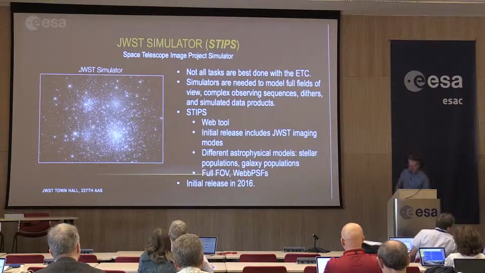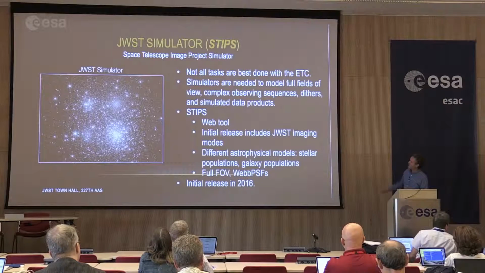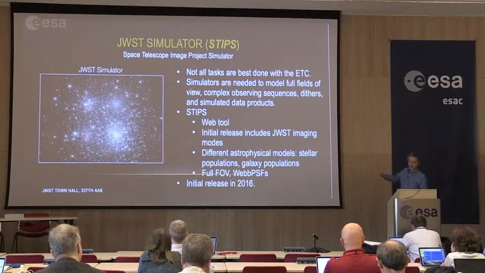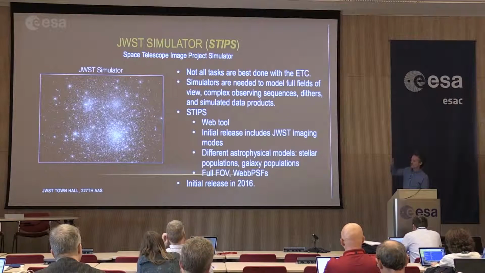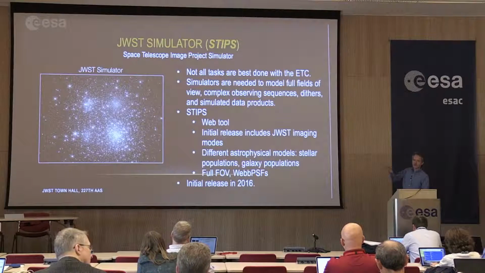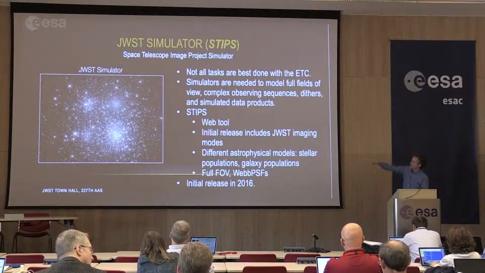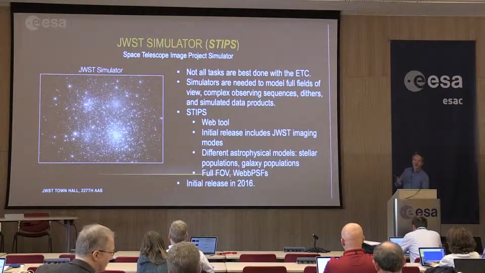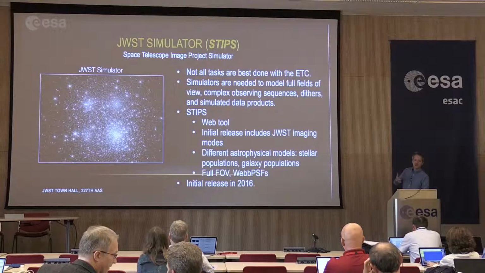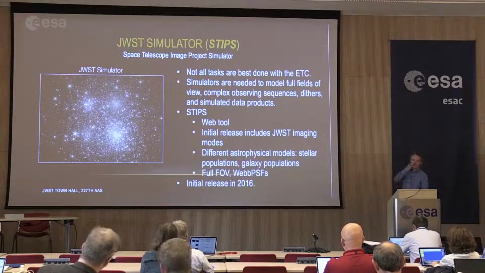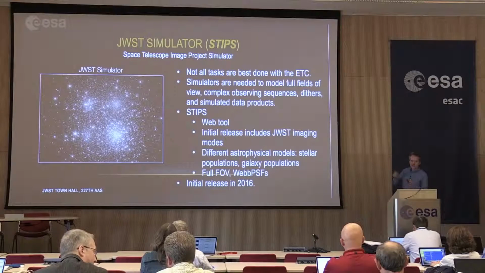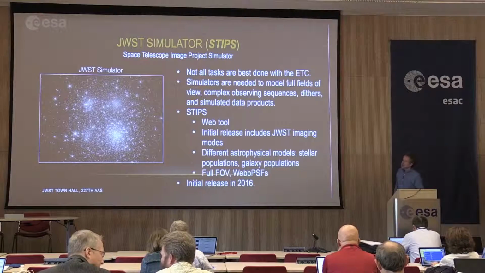So the idea is, let's see, I don't think we have the interface. So this is not out yet, so you can't go use this yet. But you specify astrophysical things about cluster properties or something like that. So this scene has 4 clusters that have been artificially generated in it, and it understands what the NIRCam and MIRI imager fields of view are, and it can generate simulated images like that.